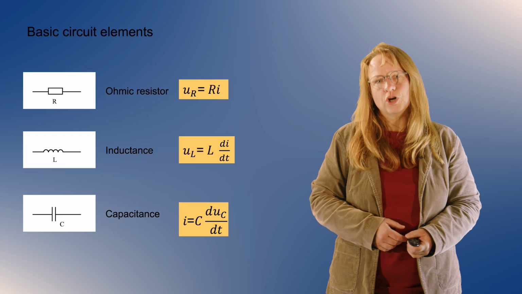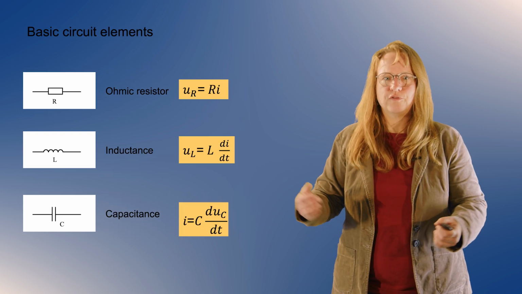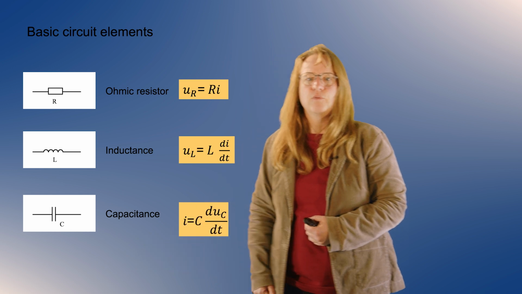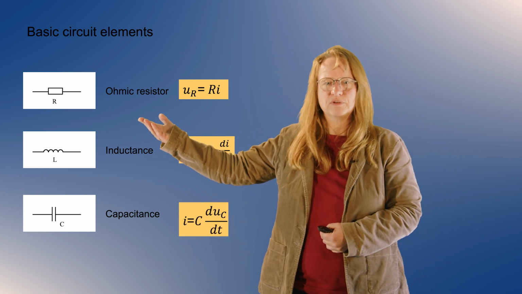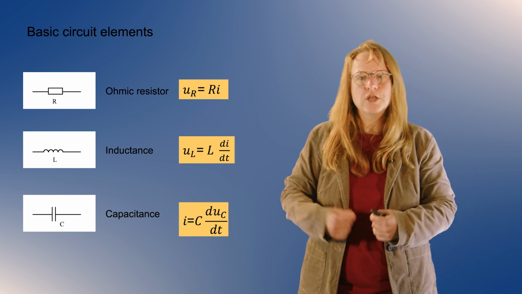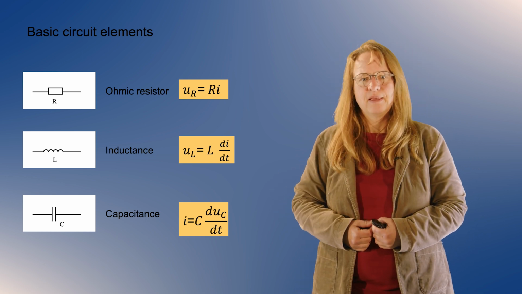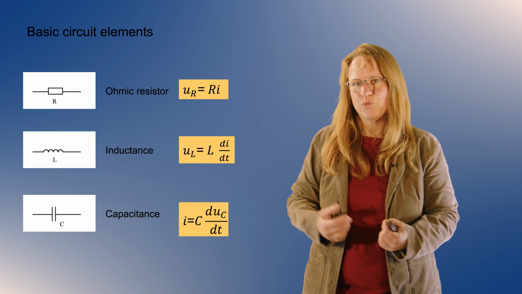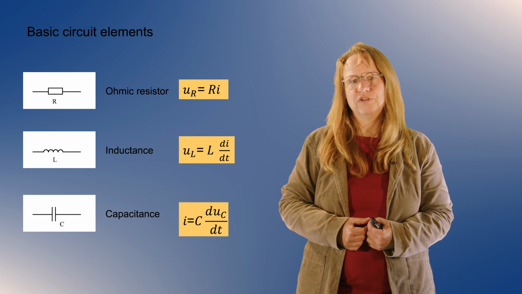So the basic circuit elements that are used for deriving equivalent circuits are these three here. We have already just seen the ohmic resistor that combines the resistive effects into one discrete element. Then we have here the inductance as the second element. That is what we were just looking at in a previous video already.